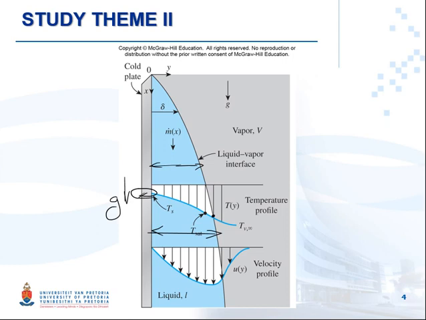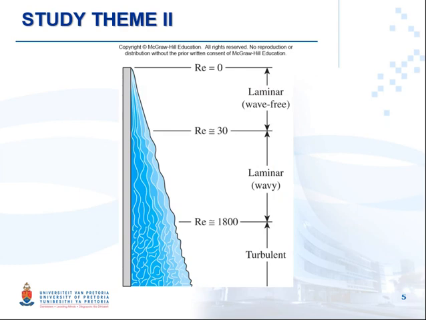This figure shows different flow regimes during film condensation, because as you can see there are different shapes, so different flow regimes. For condensation on a vertical plate, we can say that we have three distinct regimes: when the Reynolds number is lower than 30, when the Reynolds number is between 30 and 1800, and when the Reynolds number is greater than 1800.